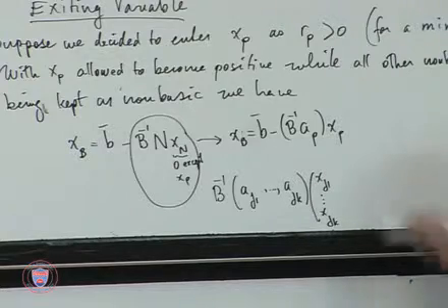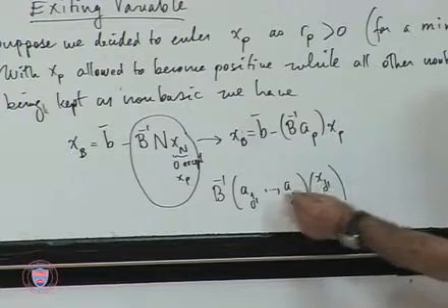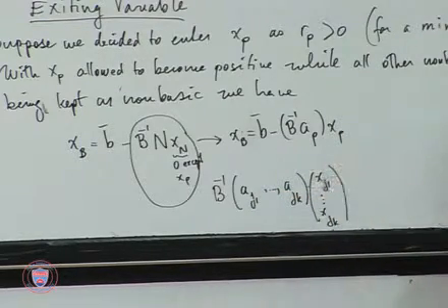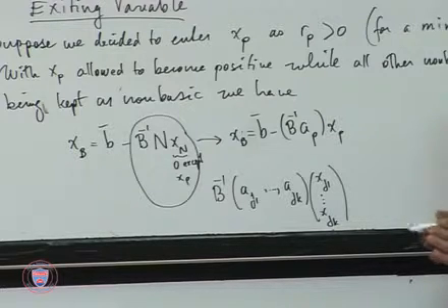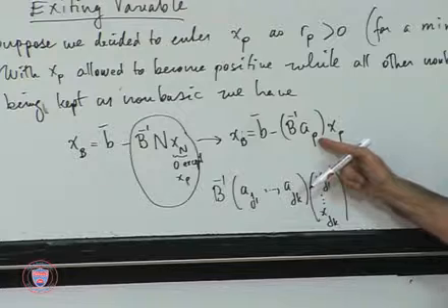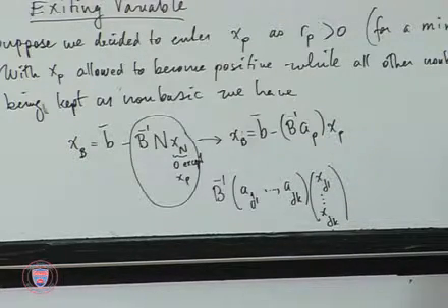So B inverse aj1 times xj1 plus aj2 times xj2, and so on. It's just a summation, and in that summation all the terms drop out except the one corresponding to p. So that's why I've got that.